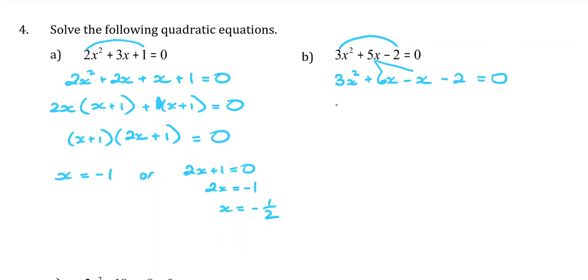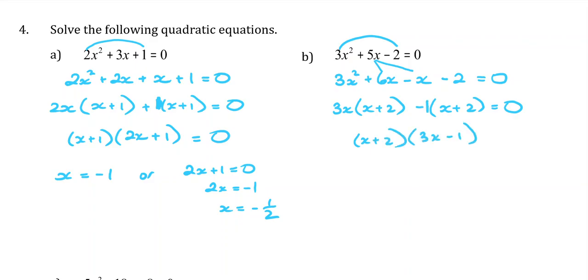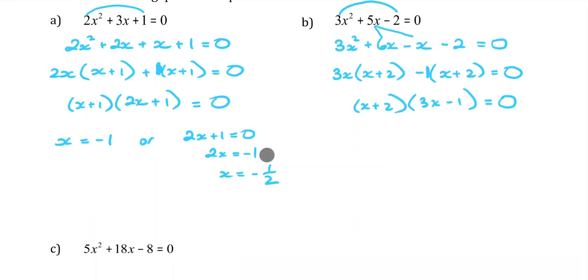So from the first two terms, I'm going to bring out a 3x to give x plus 2. The third and the fourth term, I'm going to factorise out a minus, which will also give me x plus 2. Then the x plus 2 comes out as a factor, and I would get 3x minus 1, because there's a 1 hiding in front of that bracket, is equal to 0.